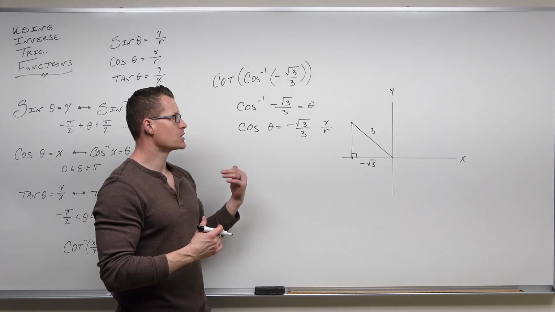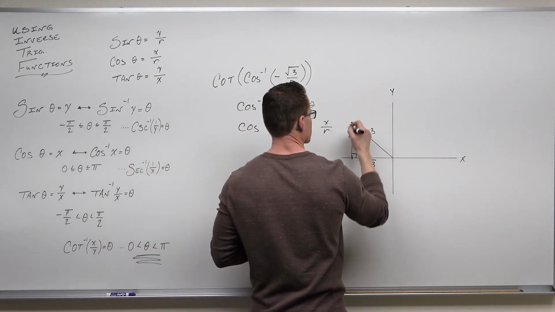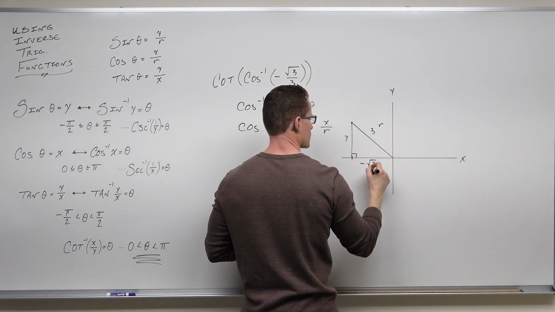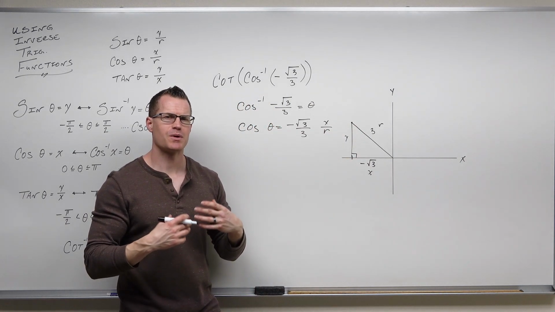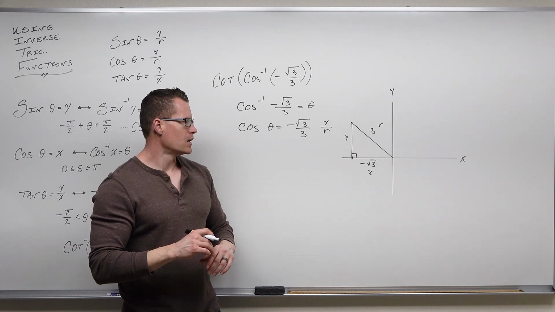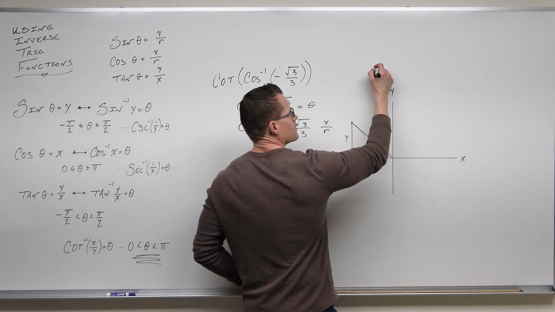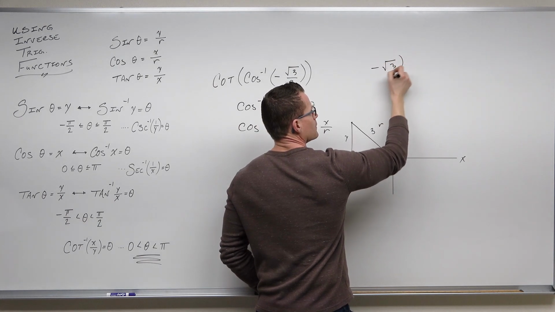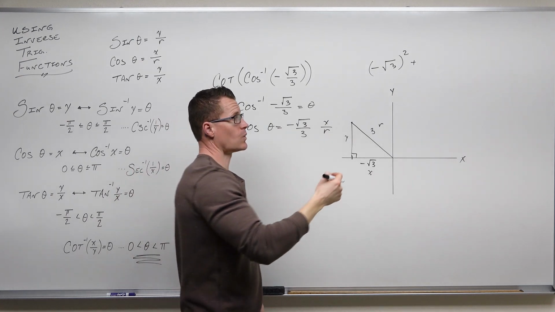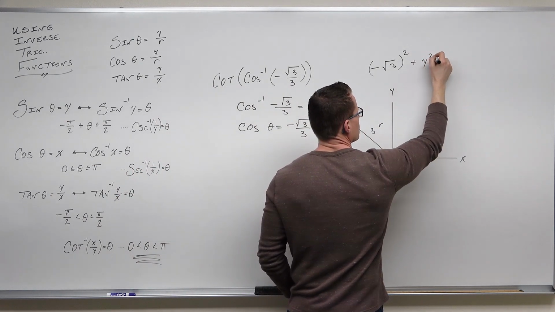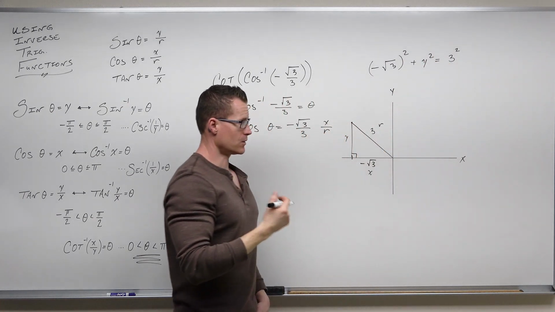Take the time to go ahead and find out what y is. I always write y, x, and r because it makes the Pythagorean theorem work a little bit better for me. So length squared plus length squared equals hypotenuse squared is negative square root of 3 squared plus y squared equals 3 squared.